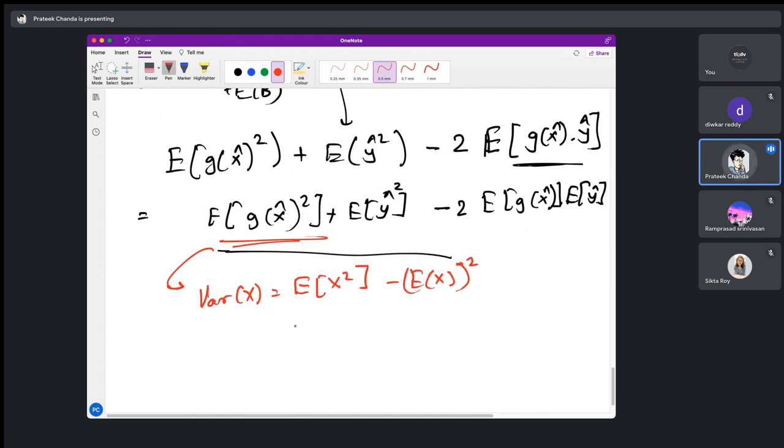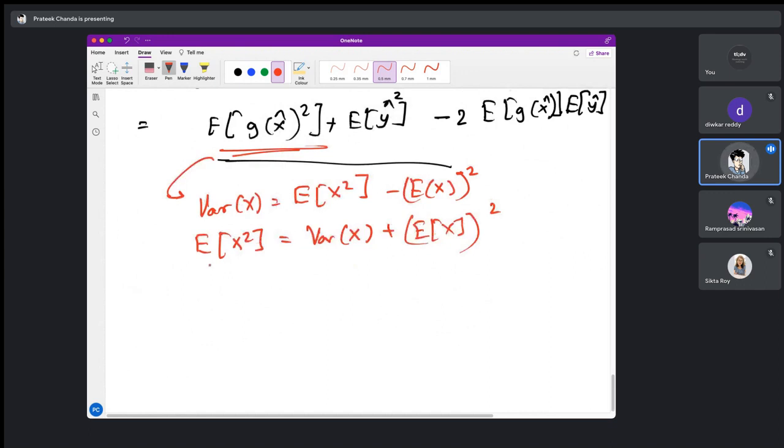I guess everyone knows this. So that means expectation of x square is variance of x plus expectation of x whole square.